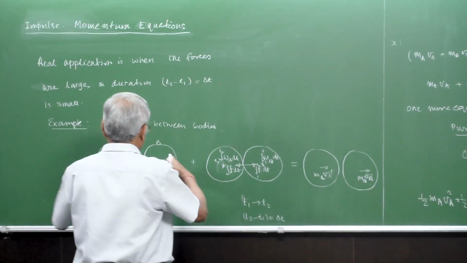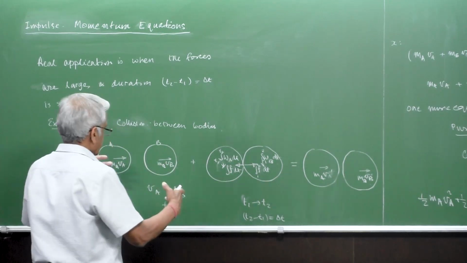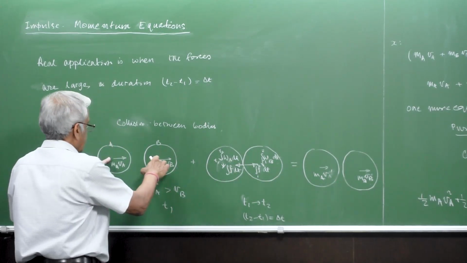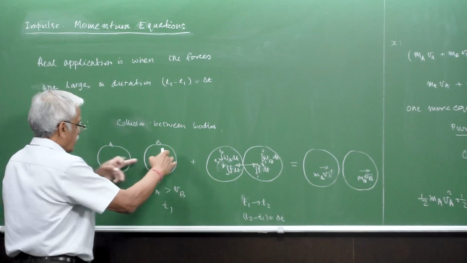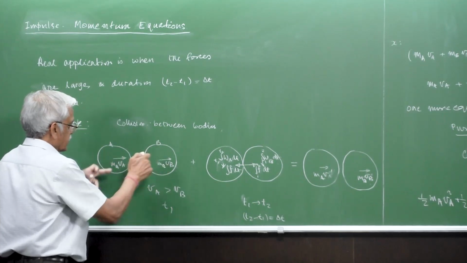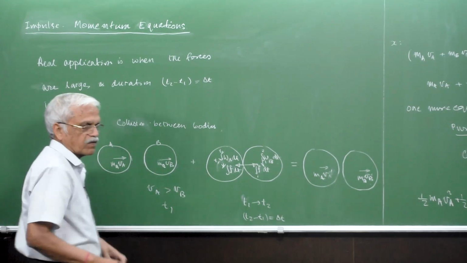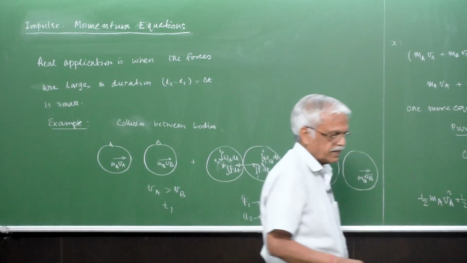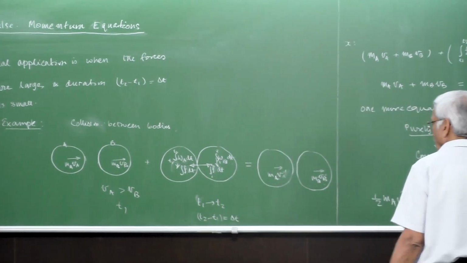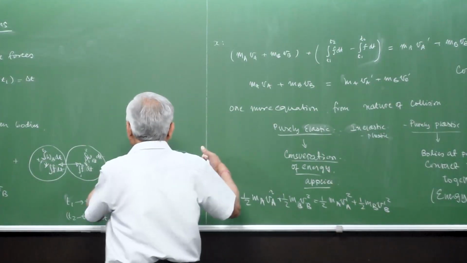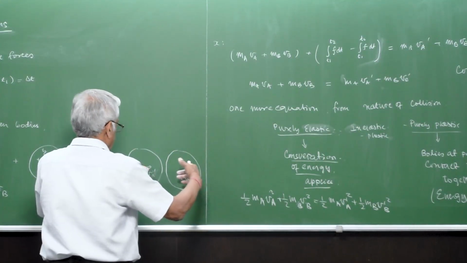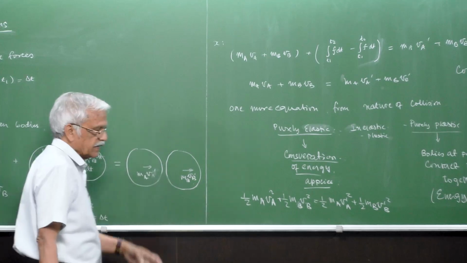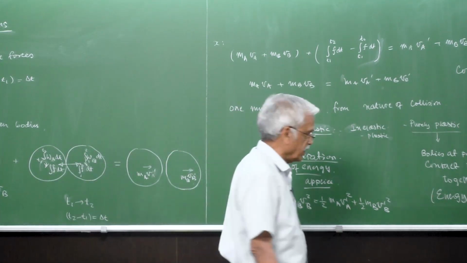So this kind of impact is called the central impact. The collision is taking place along the line of G_A and G_B, and when they separate, the velocities also remain in the same direction, along AB.